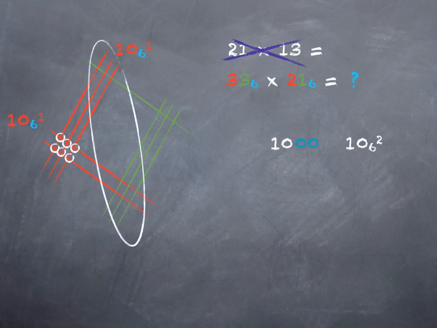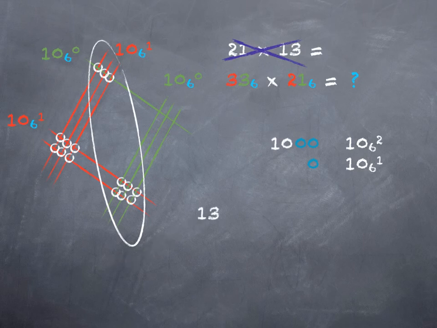My middle intersection, now I'm bringing the ones place into play. So this is going to leave me with 1 trailing 0, or 10 to the first in base 6. And I count those again, remembering that I have to roll over at 5. So I have 1, 2, 3, 4, 5, 1 0, 1 1, 1 2, 1 3.